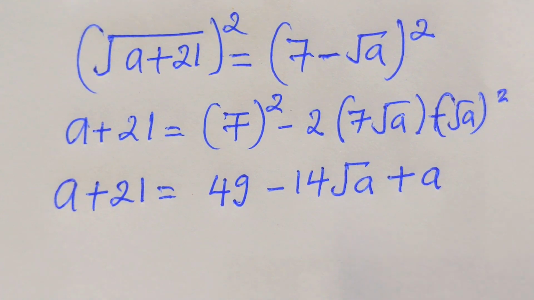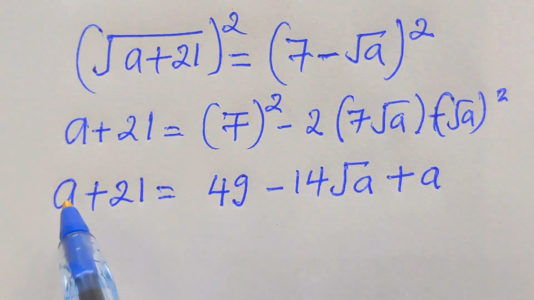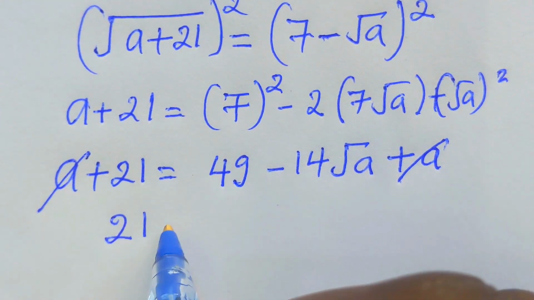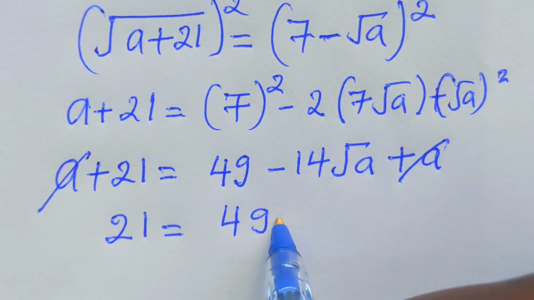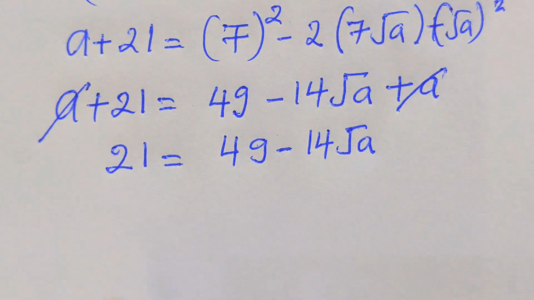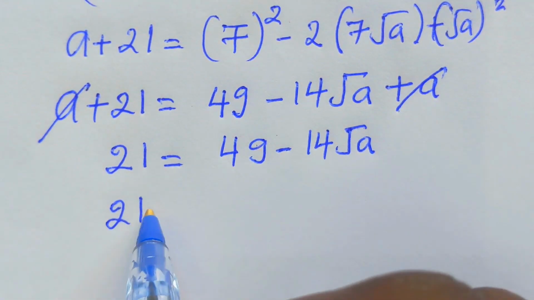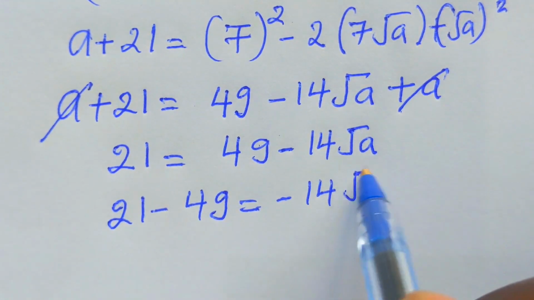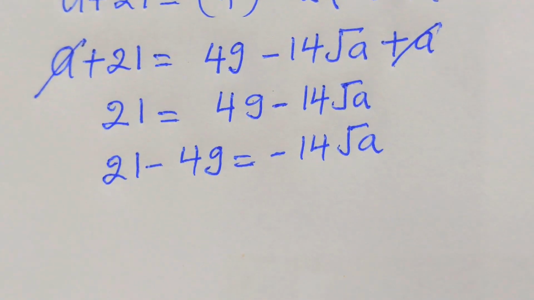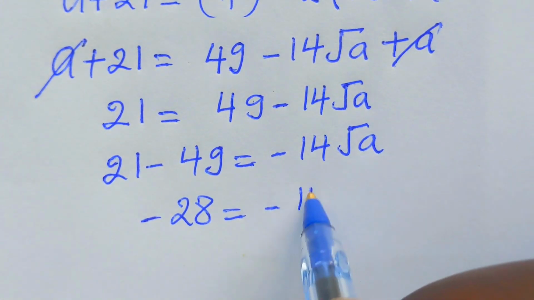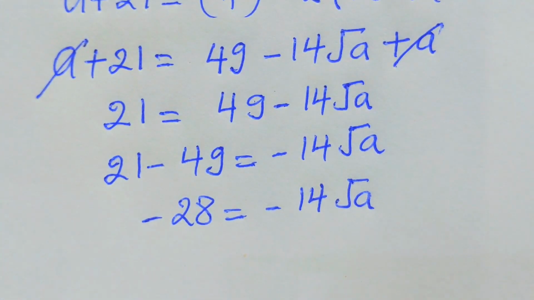As you can see, we have a on both sides with opposite signs, so they cancel, and we remain with 21 equals 49 minus 14 square root of a. We group like terms to get 21 minus 49 equals negative 14 square root of a, and then we get negative 28 equals negative 14 square root of a.